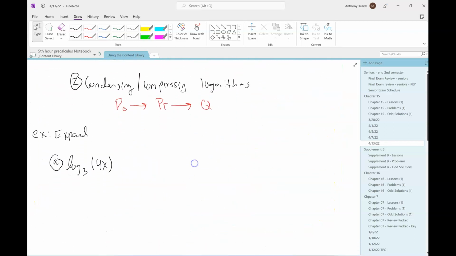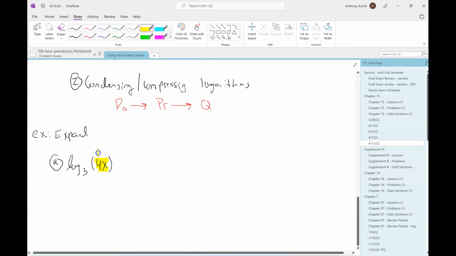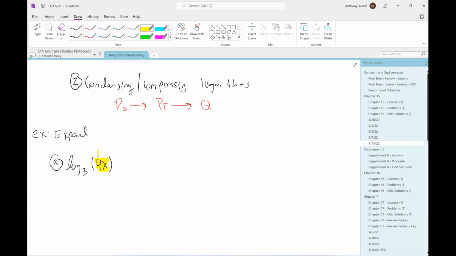Okay. So we're expanding here. The first thing I look for is a quotient property. If I look inside the logarithm, is there any division going on? No. So no quotient property to do. Next thing we look for is product property. Is there any multiplication going on? Yeah, right? There's a multiplication going on between the 4 and the x.